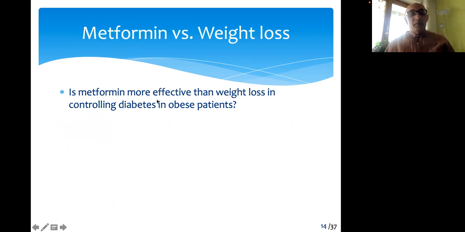One example, again, a question: is metformin more effective than weight loss in controlling diabetes in obese patients? If I have this question, you should remember from the previous sessions that this is a question containing the problem or patients, participants, and then the intervention and comparison groups, metformin compared with weight loss, two groups, and the outcome is controlling diabetes.